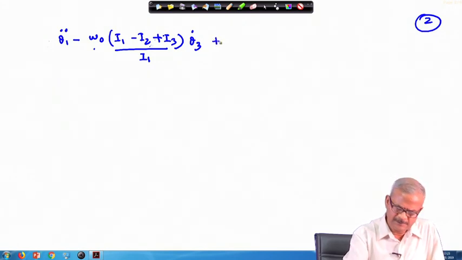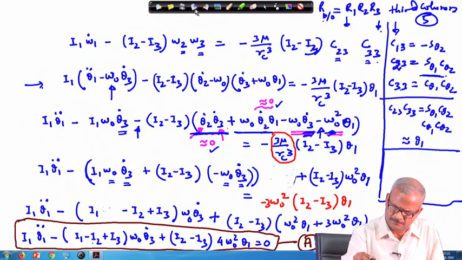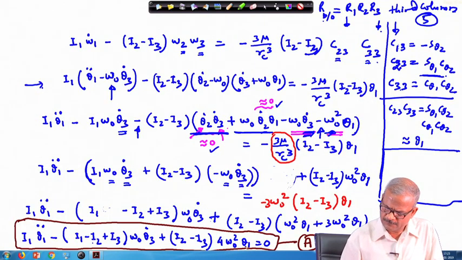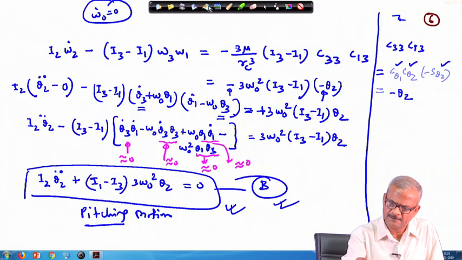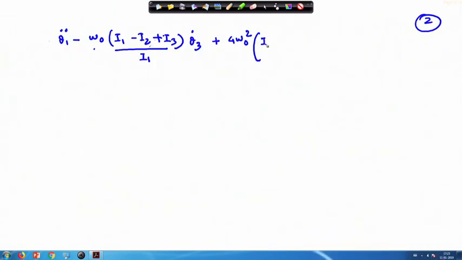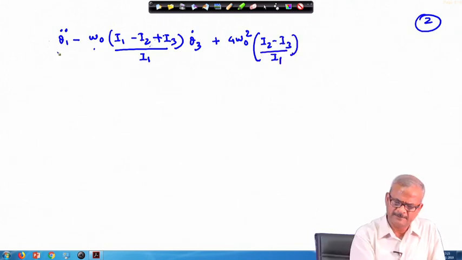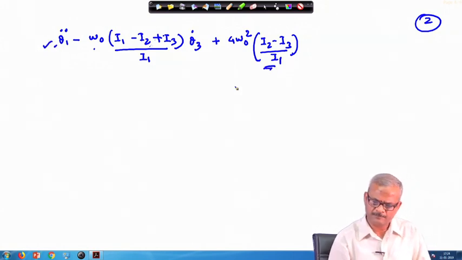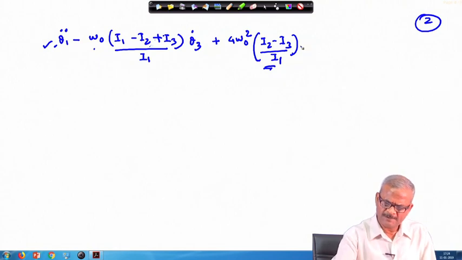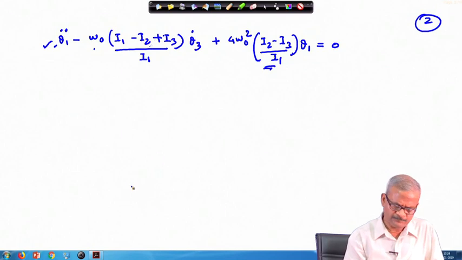And then the next term is 4 omega 0 square theta 1. I am writing it in the beginning, then I 2 minus I 3, and this also gets divided by I 1, because the I 1 I have pulled up from this place to this place, and this is multiplied by theta 1, and this is set to 0.